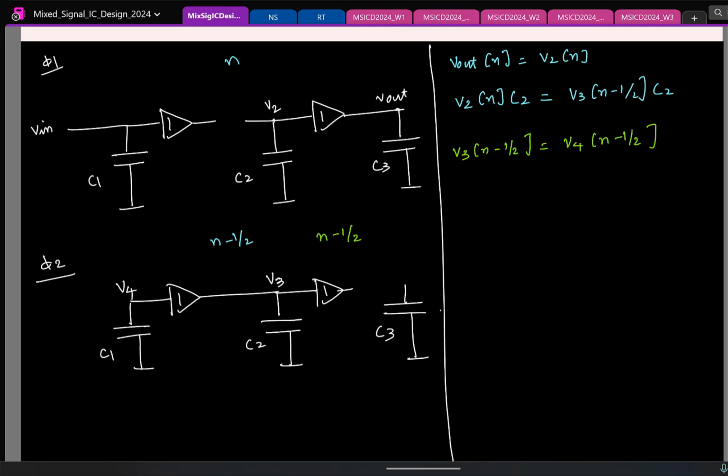Where do you apply charge conservation? Yeah, let's write it clearly, right? You are correct. Let's write it in a formal way. To find V3 of n minus half, I should find V4 of n minus half. This is the thing. I'll apply KCL or charge conservation at this node. This current is 0, so no worries. So if I look at V4 of n minus half times C1, it will be equal to, yeah, this is n minus 1.